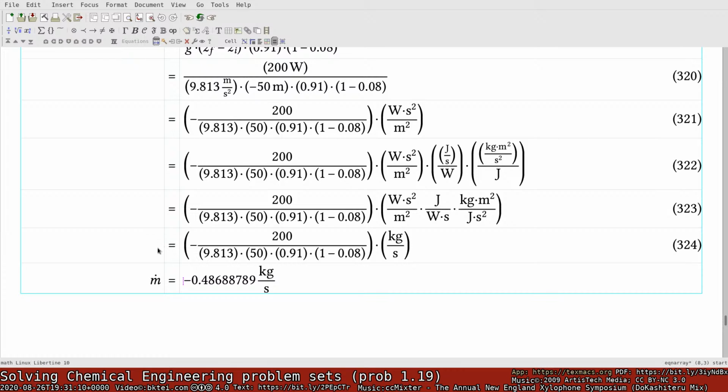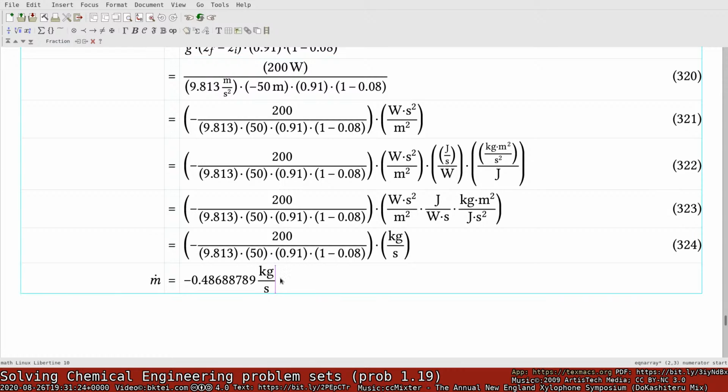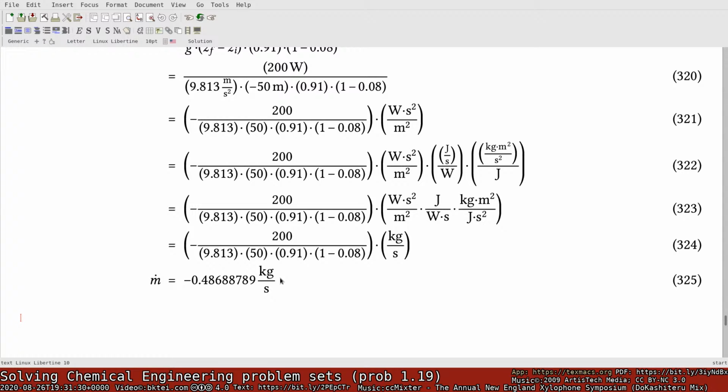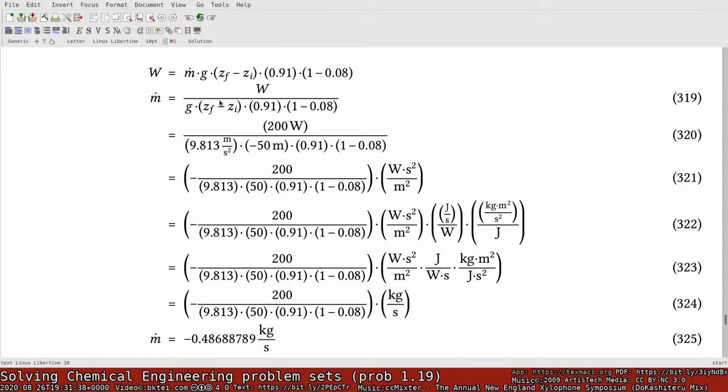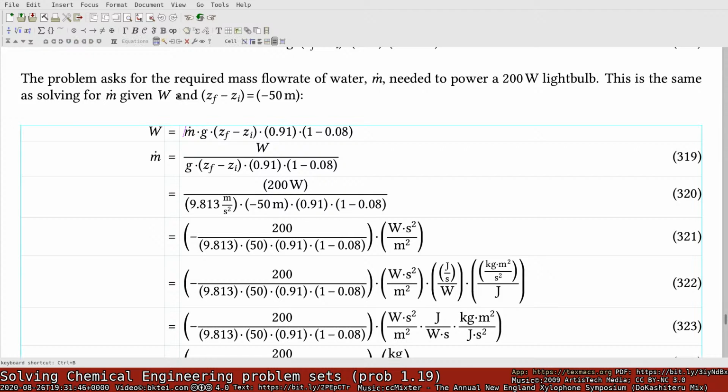I guess we can interpret this as, well, the negative sign came from the convention we used. We'll put that in the explanation. Do you want to get rid of the negative sign somehow? W is the work done by the water.